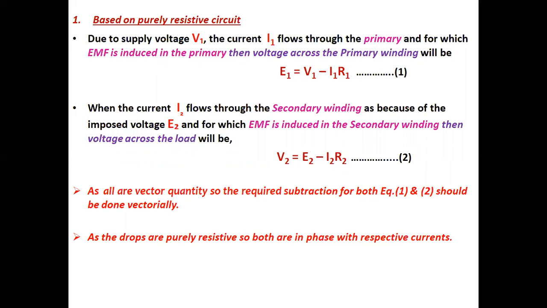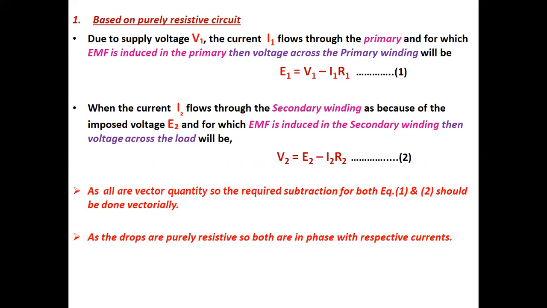When the current I2 flows through the secondary winding because of the imposed voltage E2, for which an electromotive force is induced in the secondary winding, then the voltage across the load will be V2 equals E2 minus I2 R2.